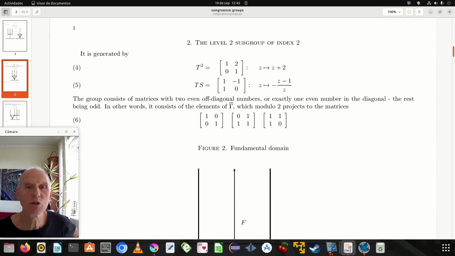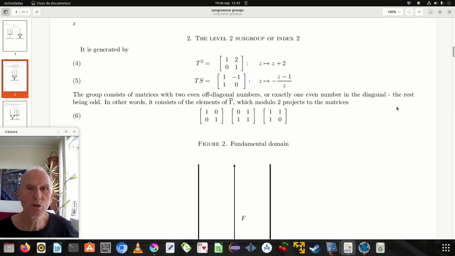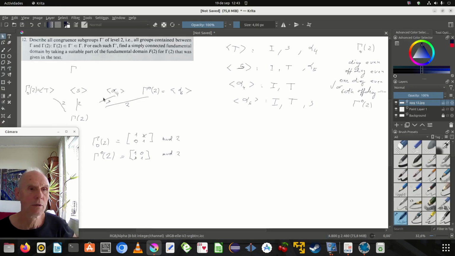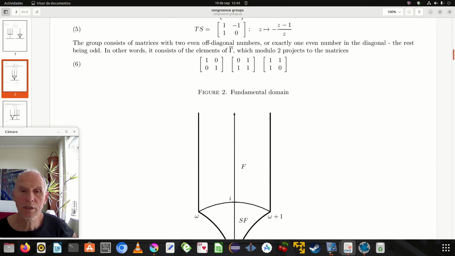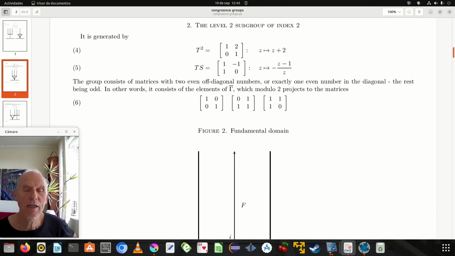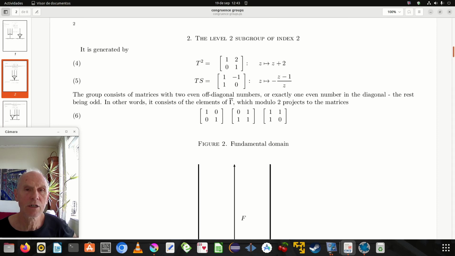The level 2 subgroup of index 2. That must be the one generated by A4. One or both I and T. Let's see what I took here. I took I and S.